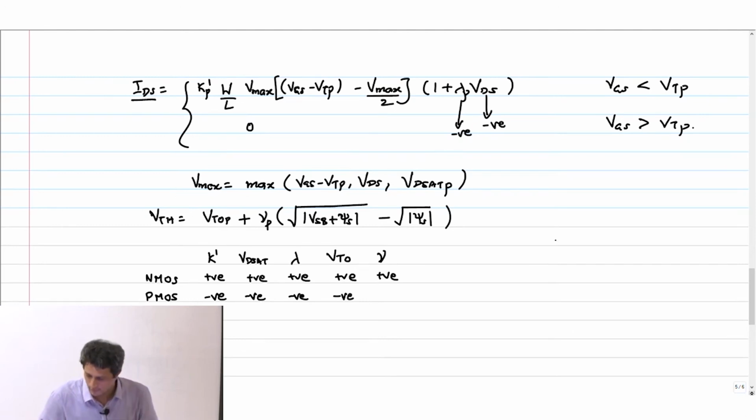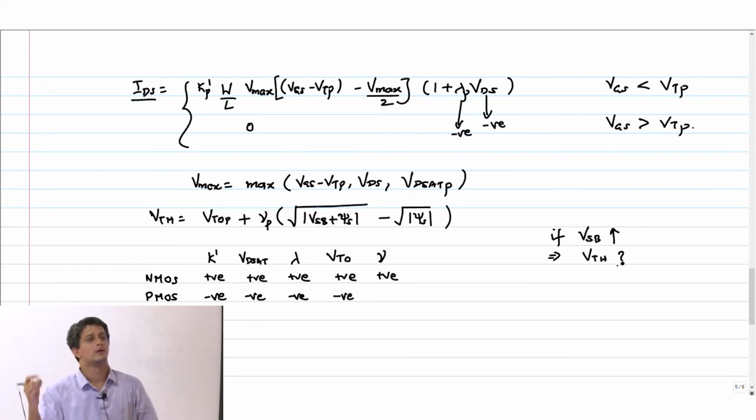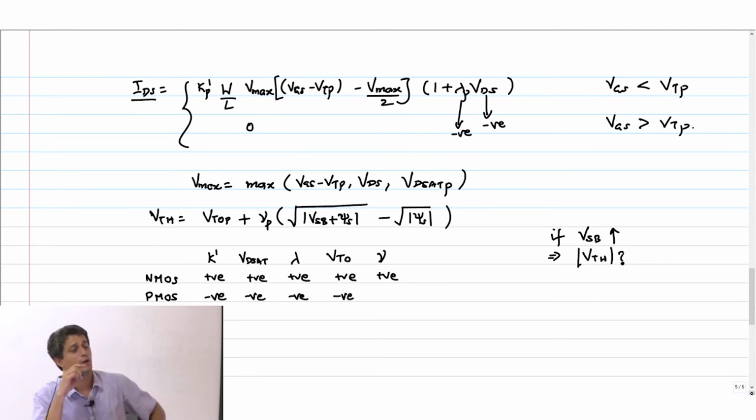Correct? So if VSB increases, what should happen to the VTH of my PMOS transistor? Or what should happen to the mod VTH? Let's ask a simpler question. It should decrease, right?